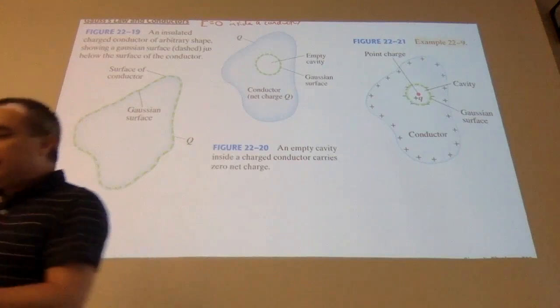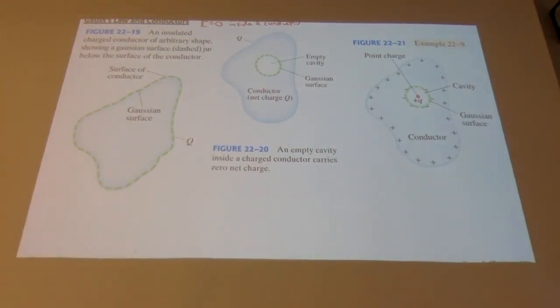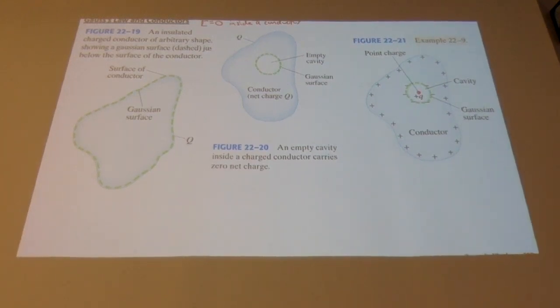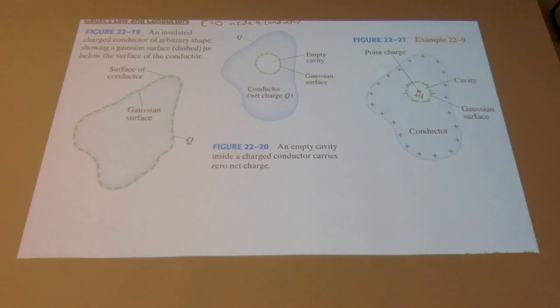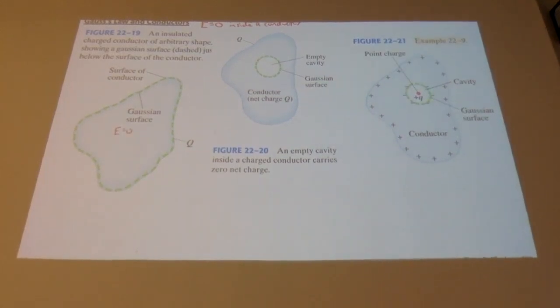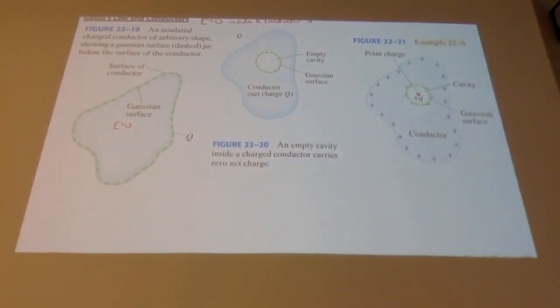So here we have 3 different random shaped conductors, okay? So first of all, if we were to assume that there is no electric field inside this conductor, so we're going ahead and making this assumption, let's see what it tells us, okay?